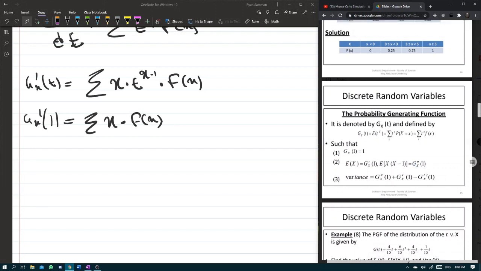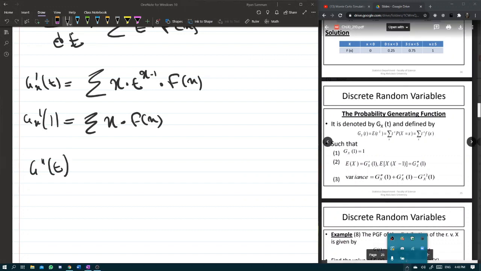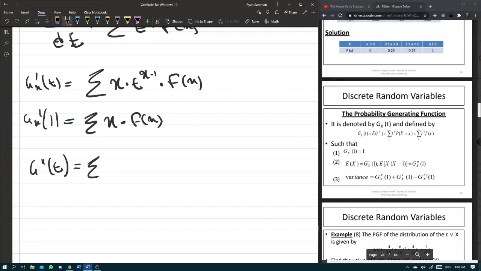Okay, first g double prime of t, not x. This is going to be the sum of the second derivative, d squared dt squared, of t to the x times f of x.